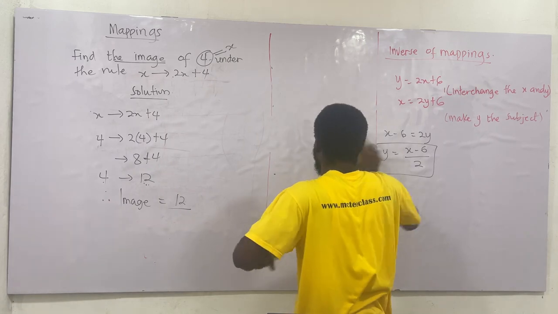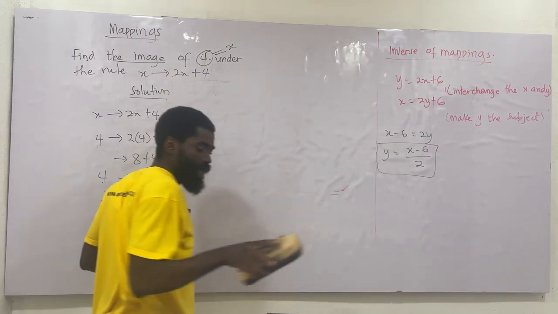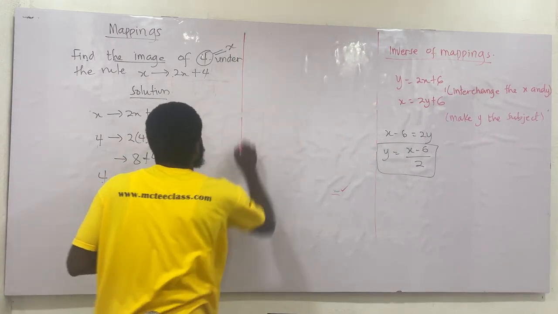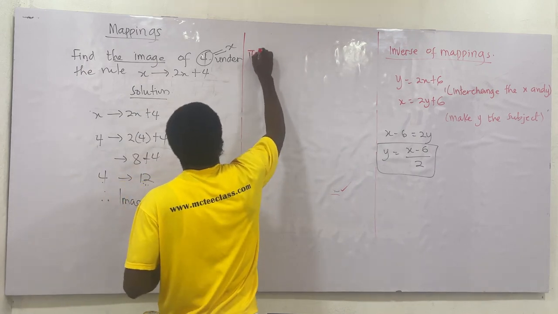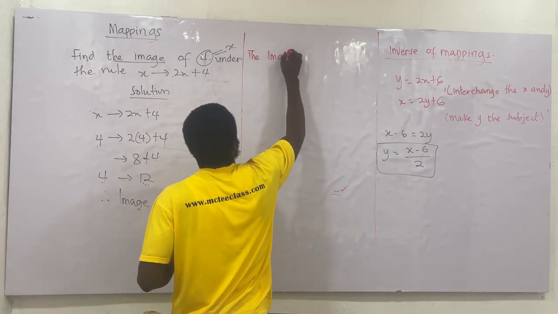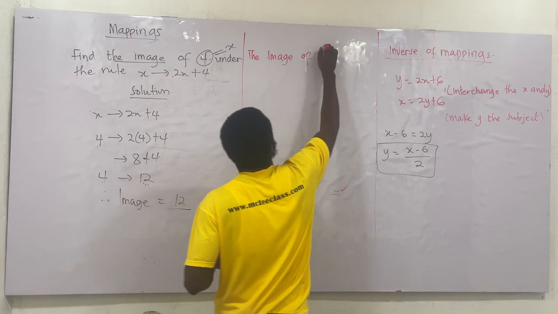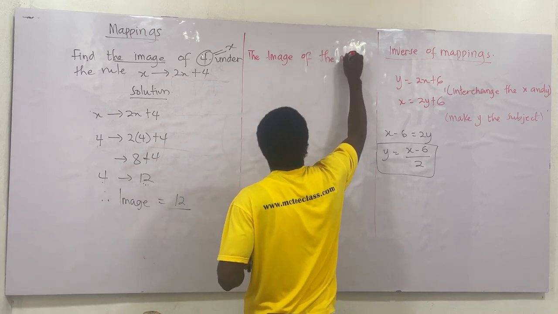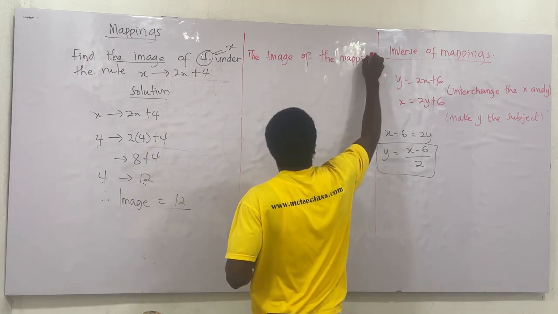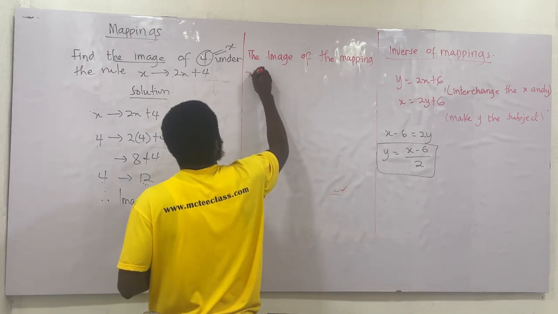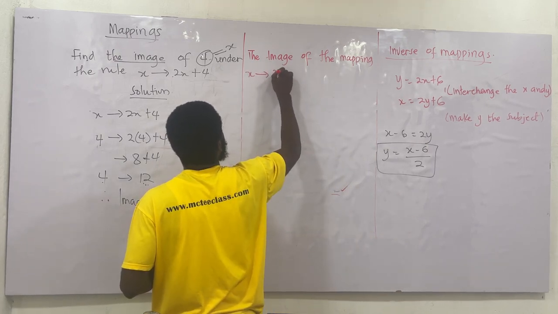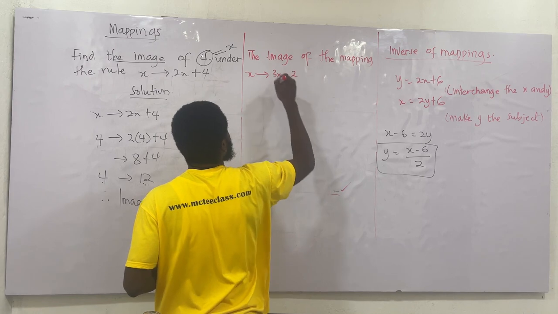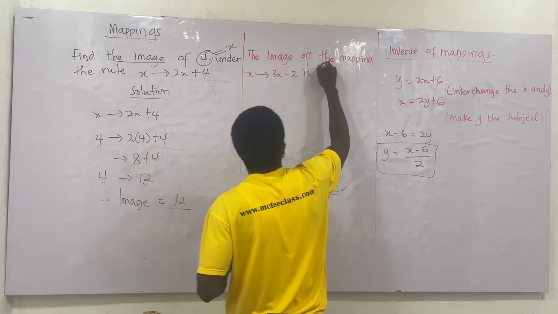The image of the mapping, let me set a question on that so that we know how it goes up and down. The question says that the image of the mapping x maps onto 3x minus 2 is, let's say, 13.